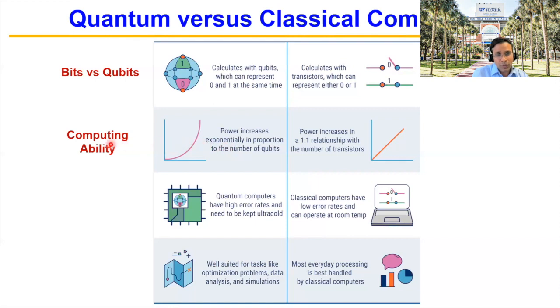Now, that's good from a computing ability perspective, but it's really bad from a noise perspective. Those of you who work in the classical domain and specifically deal with noise may not agree with what I'm just going to say, which is in classical computers, noise is moderate. There are noise mitigation and cancellation techniques, and you can deal with it.